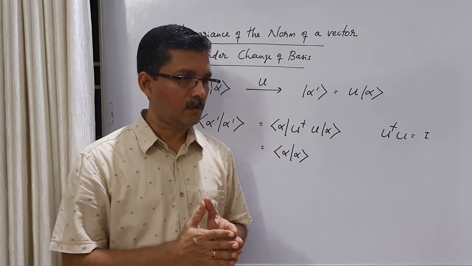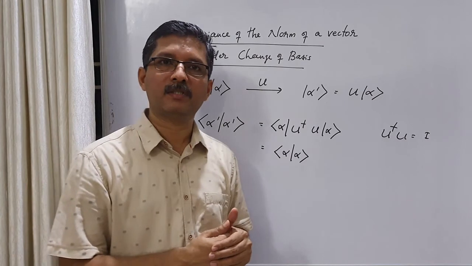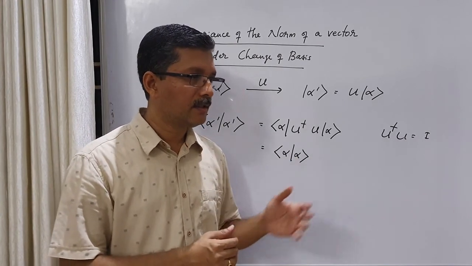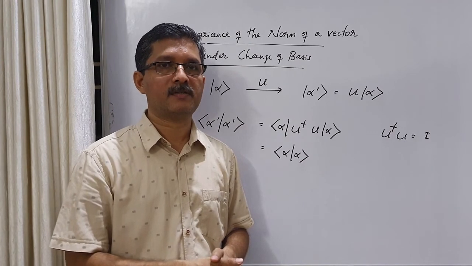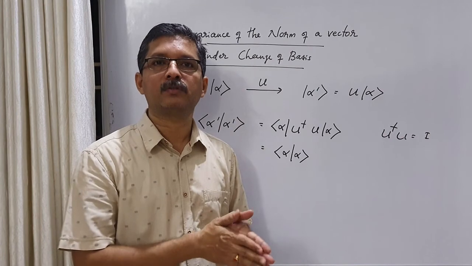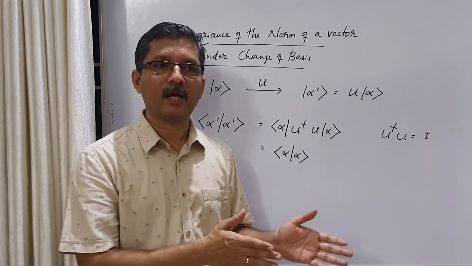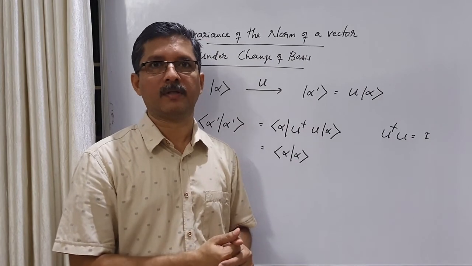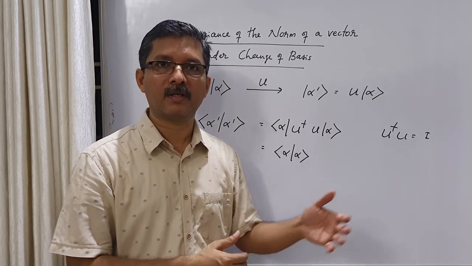Then we have also seen that the norm of a vector is invariant under change of basis, and regarding an operator, the trace of an operator is invariant under change of basis. And we have also seen in this class how change of basis is related to the idea of diagonalization of an operator, or the idea of finding the eigenvalues and eigenkets of an operator.